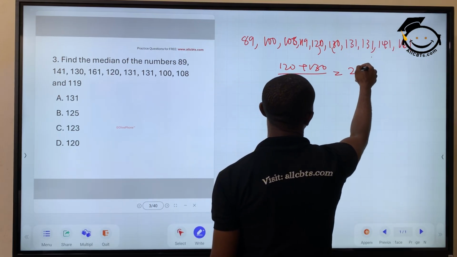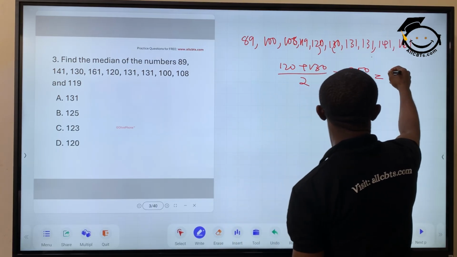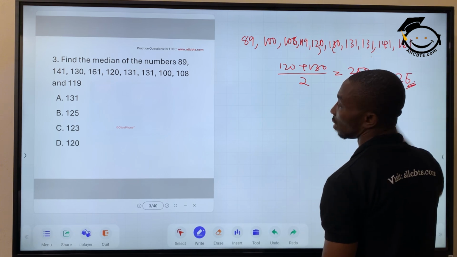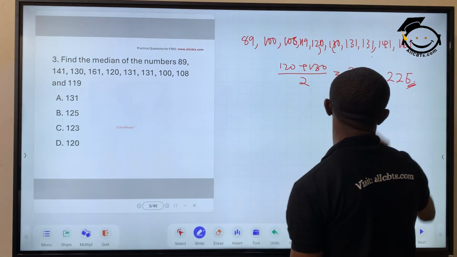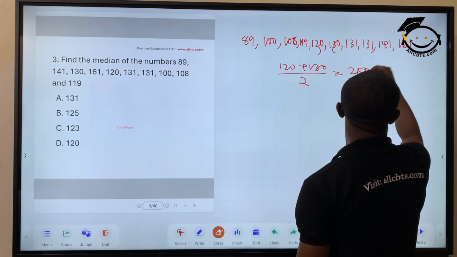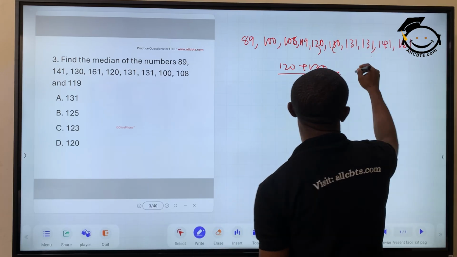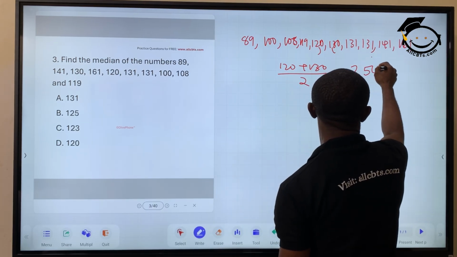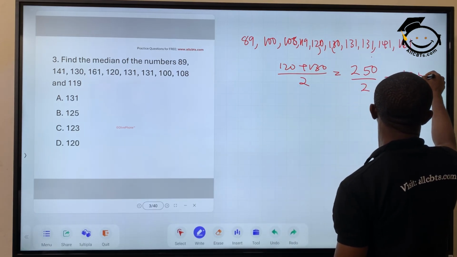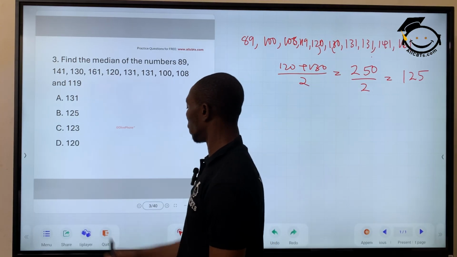That gives us 250 divided by 2, which is 125 as a median. So the value of the median will be 125.